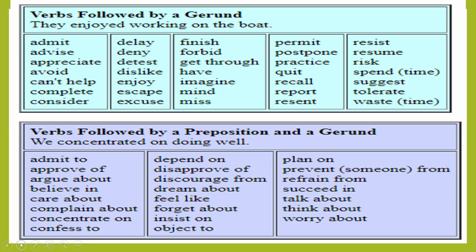Admit to, approve of, argue about, believe in, care about, complain about, concentrate on, confess to, depend on, disapprove of, discourage from, dream about, feel like, forget about, insist on, object to, plan on, prevent from, refrain from, succeed in, talk about, think about, worry about. So these are the verbs followed by a preposition and a gerund.